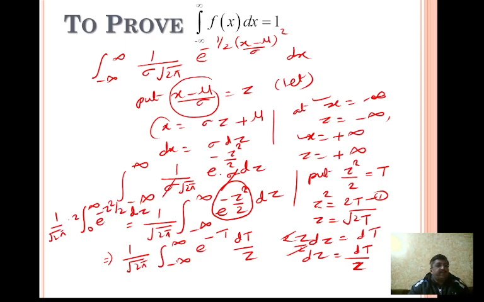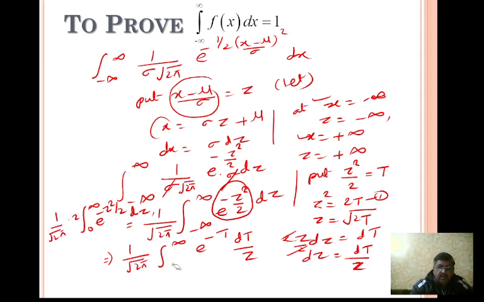dz. Is this clear? So now what we'll do, we'll apply the values of z square by 2 equals t here only, not in the previous step. So this could be 0 to infinity, right? So 0 to infinity, let me erase this one for you for better understanding.